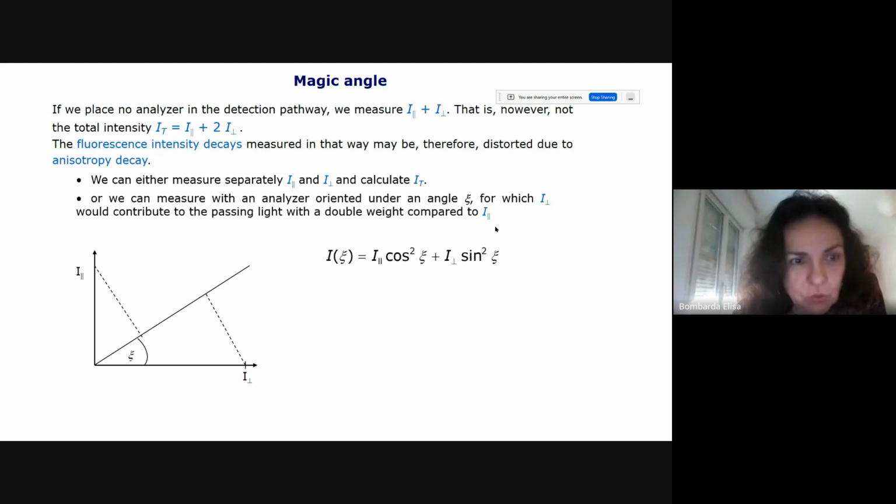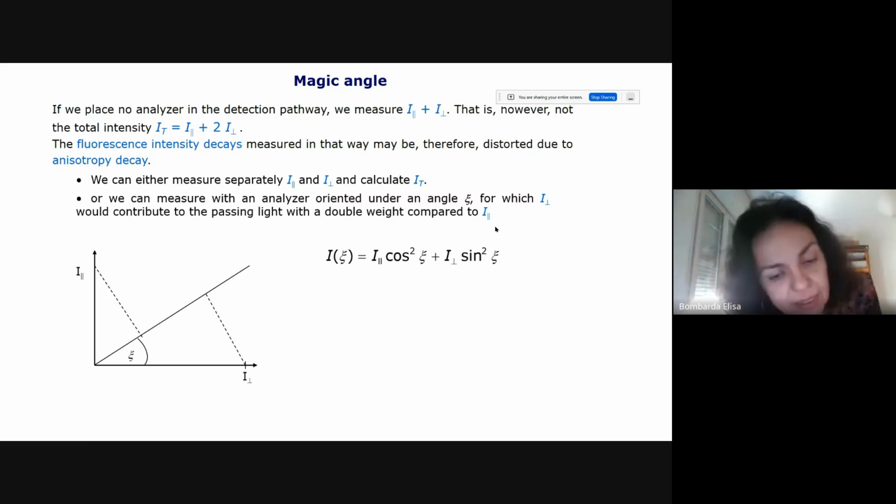Practically, it is an angle where we can collect the emission light with the polarizer, so the orientation of the polarizer in the emission beam allows us to detect a parameter which is proportional to the total intensity.